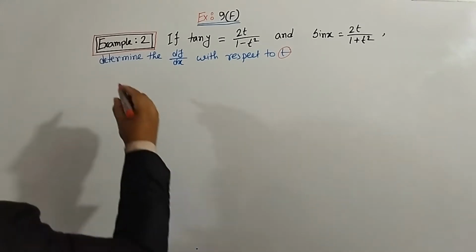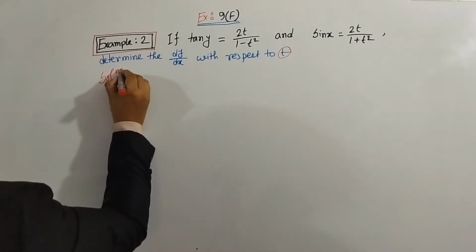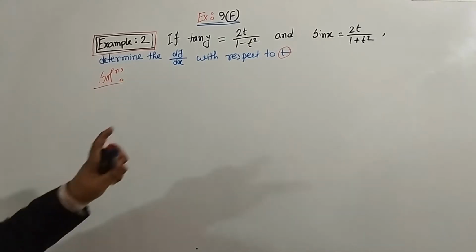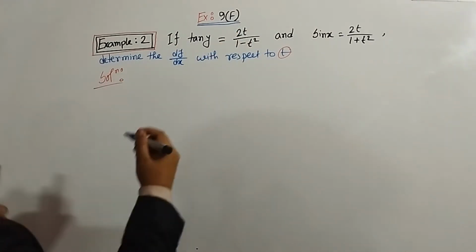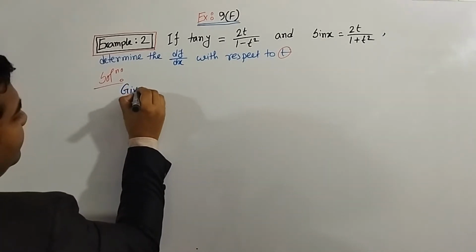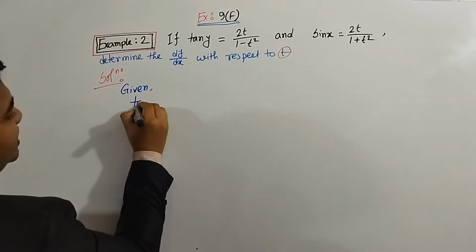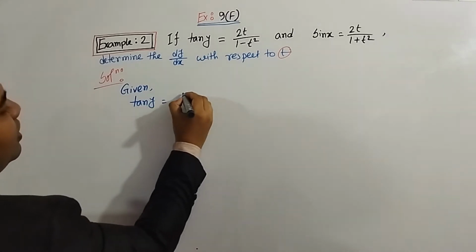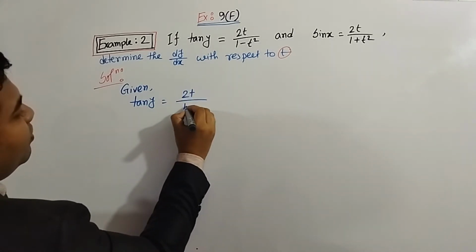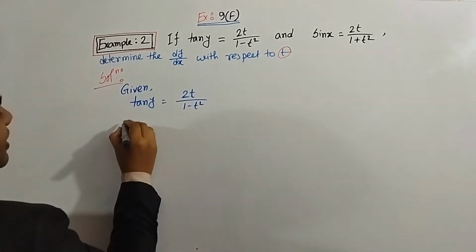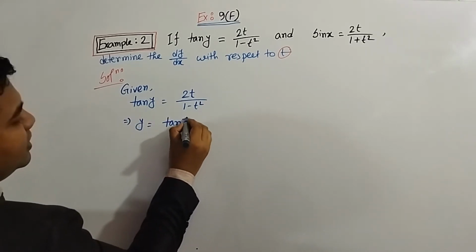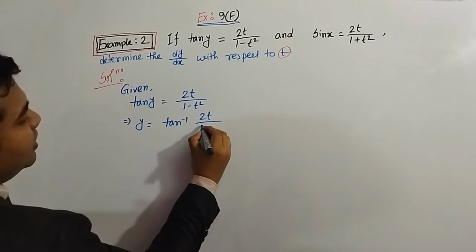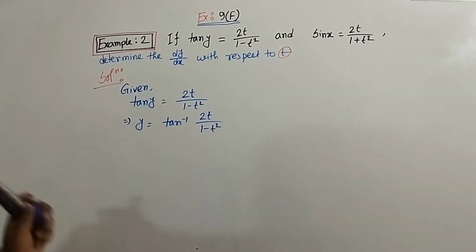The solution procedure should be: here it is given tan y equals 2t divided by 1 minus t squared. So y is tan inverse of 2t over 1 minus t squared.